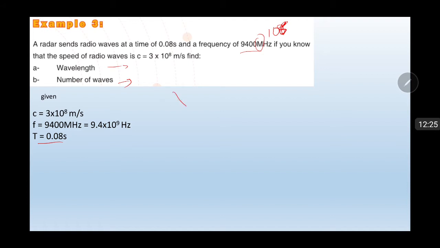Firstly, I am writing the equation. Wavelength equals speed over frequency, equals 3 multiplied by 10 to the power 8 over 9.4 multiplied by 10 to the power 9 hertz.